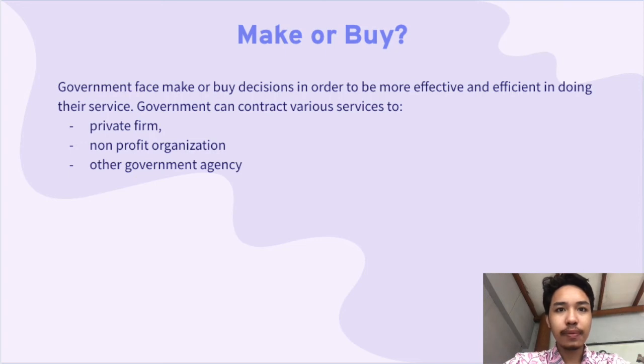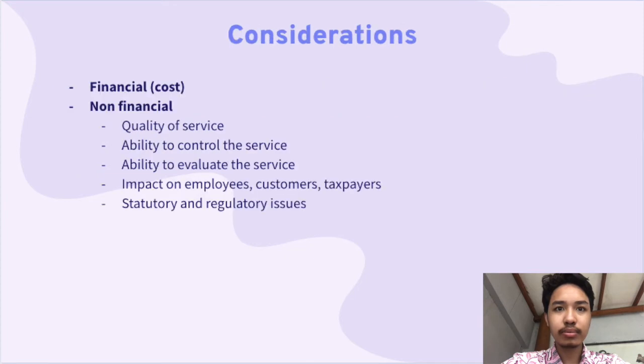Chapter 8: Make or Buy Decision. An efficient and effective government service calls for an efficient and effective cost. That is why governments face make or buy decisions. Governments can contract the service to a private firm, non-profit organizations, or other governments. Private firms and other governments offer similar services as local governments, whereas non-profits are for certain human resource services.